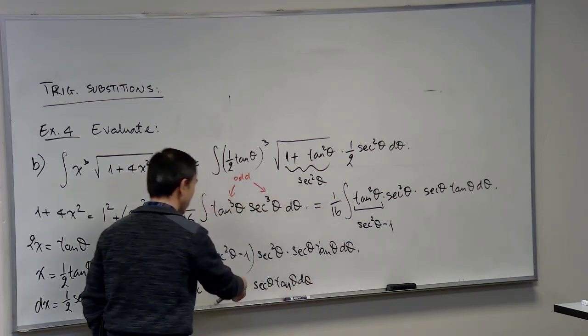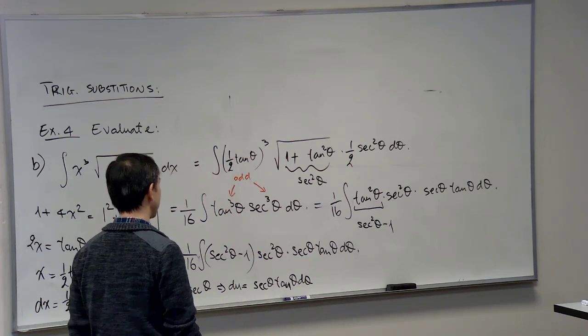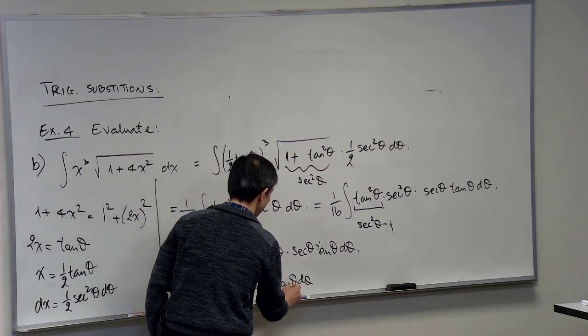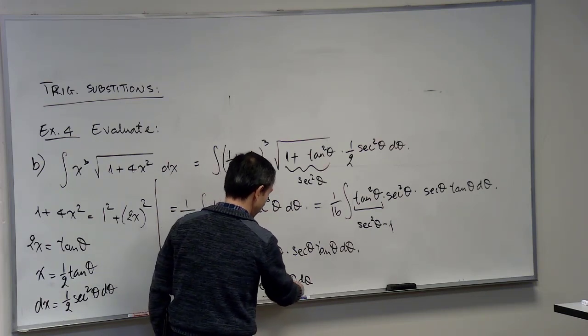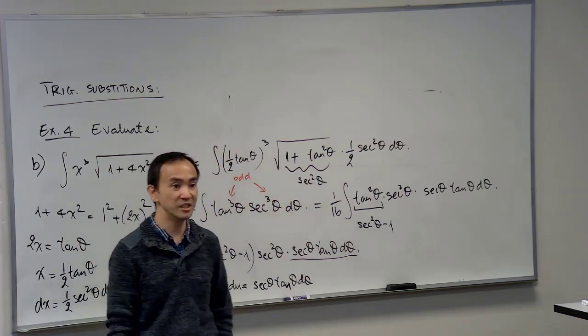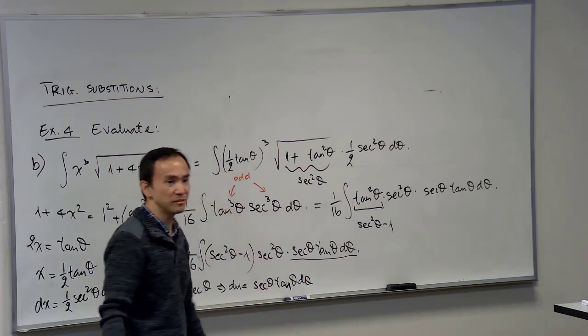I took the derivative and rearranged the differentials. So now I found a substitution. All of that entire secant theta, tangent theta times d theta can be substituted for du, right? And then every secant here can be substituted by a u.